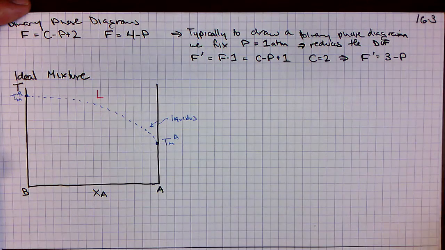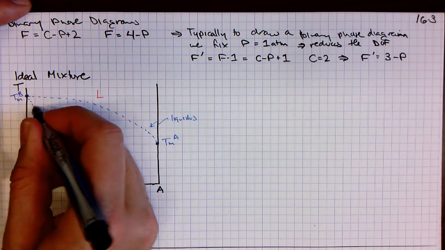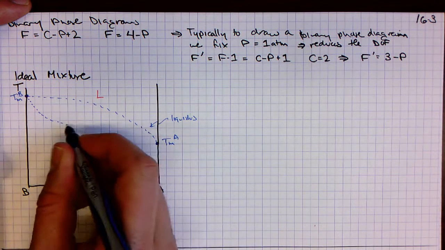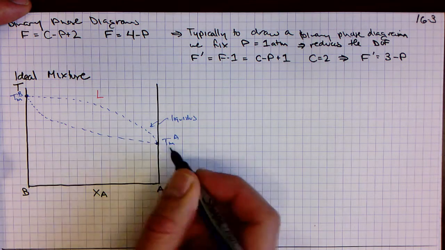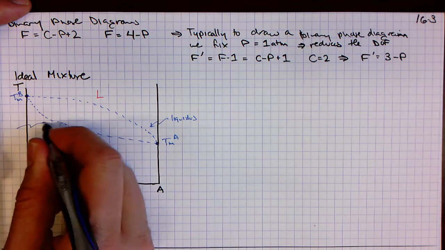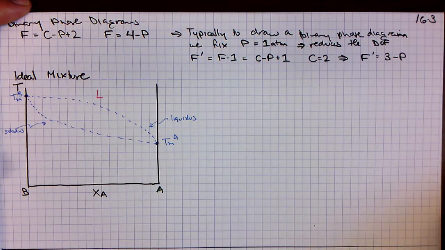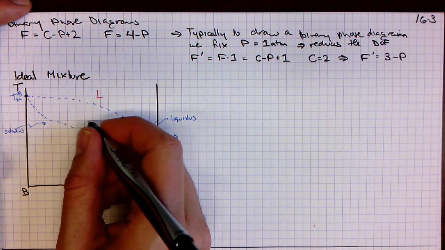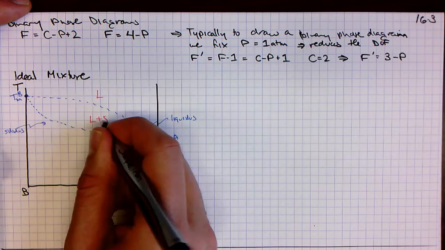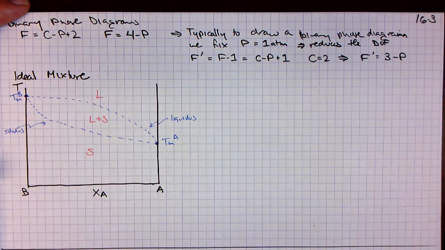And we have a solidus line that describes at what temperature we begin to form solid. And so we said that this region of the phase diagram is liquid plus solid, and this is fully solid. Okay. So this is our typical ideal mixture phase diagram.